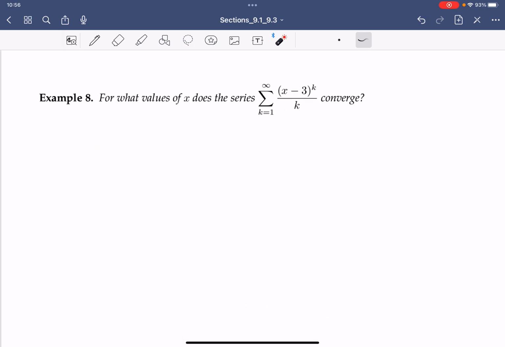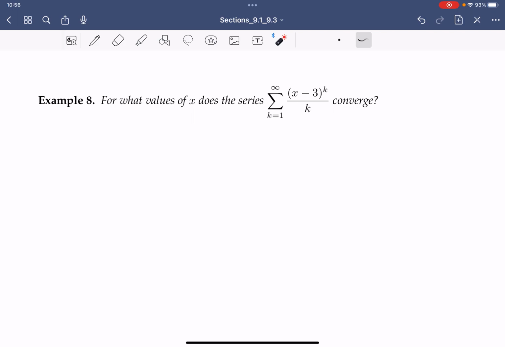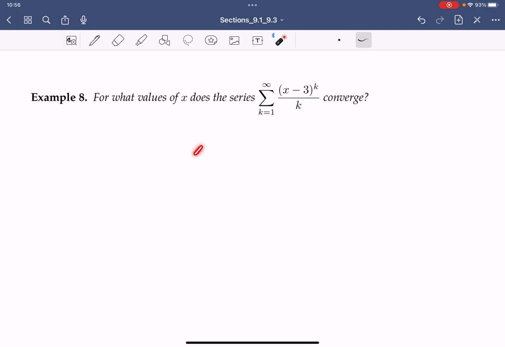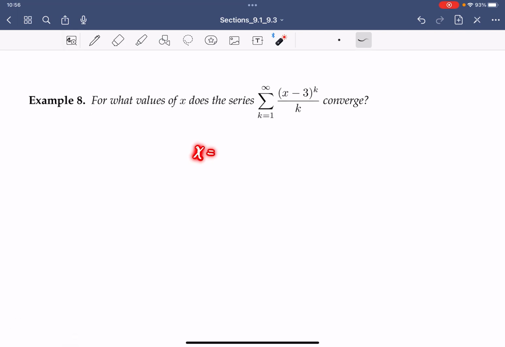Example 8: for what x value does the series of (x minus 3) to the k over k factorial converge? We want to know what x value, when you plug it in, is going to give you a convergent series. If you plug in x equal to 3, what happens? It's the summation from k equal to 1 to infinity of (3 minus 3) to the k over k factorial.